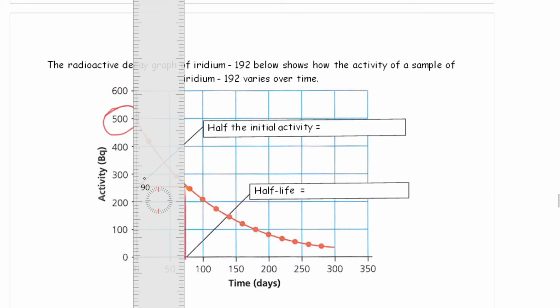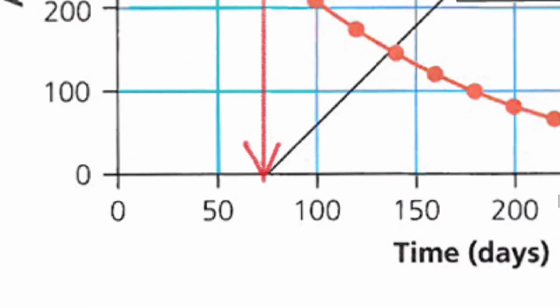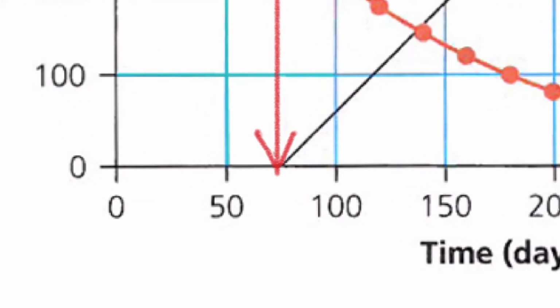So if we extrapolate, half of 500 is here, 250. We go across from 250, see where it hits the curve, then we go down. And that's smack bang in between 50 and 100.